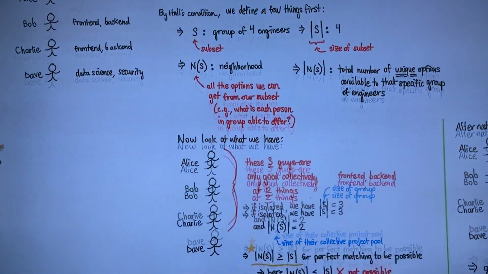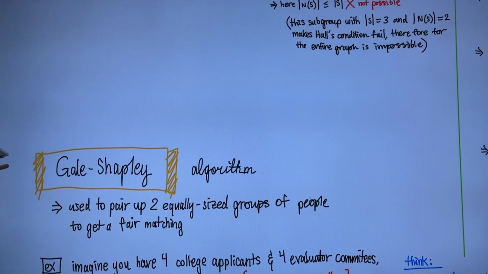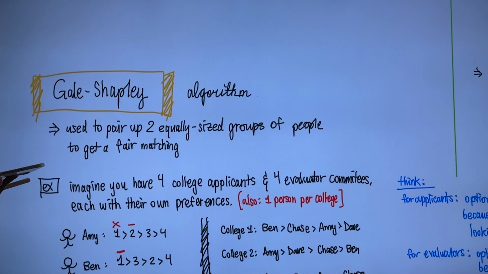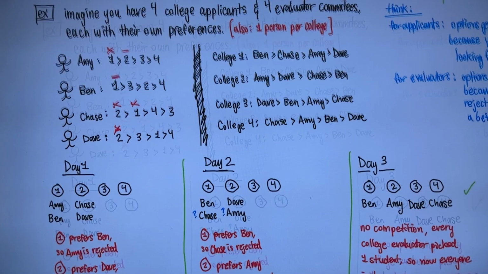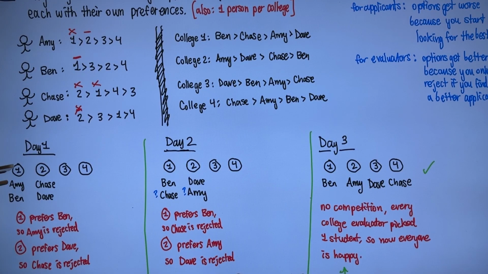That's Hall's condition. And then for Gale-Shapley, you're going to try to get a fair matching by pairing up 2 equally sized groups of people or things, and with that, having the hope that everyone gets a matching with something of the other group, right? Applicants to colleges or college evaluators to applicants.